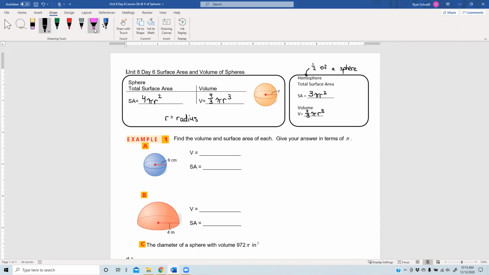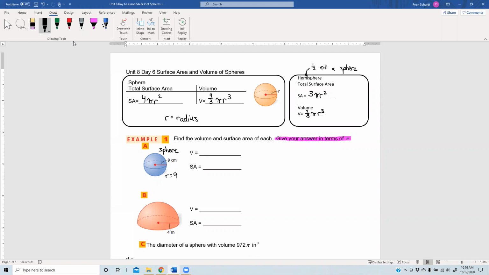Let's get into examples. They tell us today we're going to give our answers in terms of pi. So don't put pi in the calculator. Let's look at our picture. The only thing we need is radius. Do they give that to us? Yes, they tell us radius is 9. This is a normal sphere, so we're going to use our two formulas for sphere.